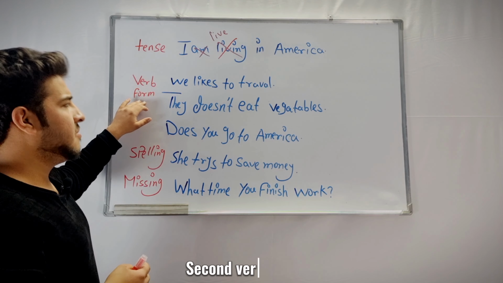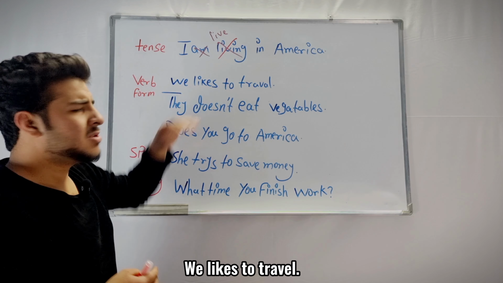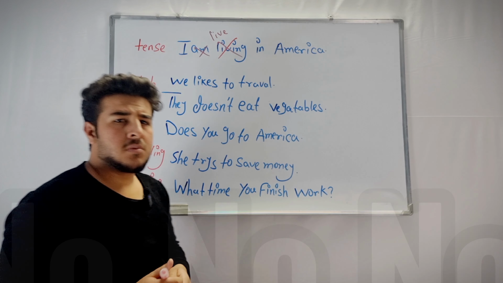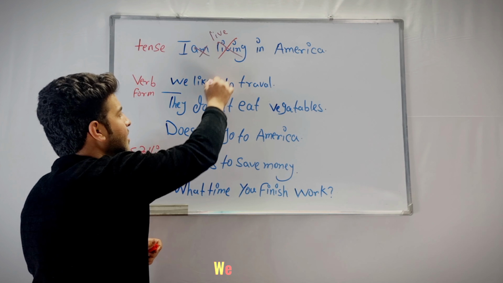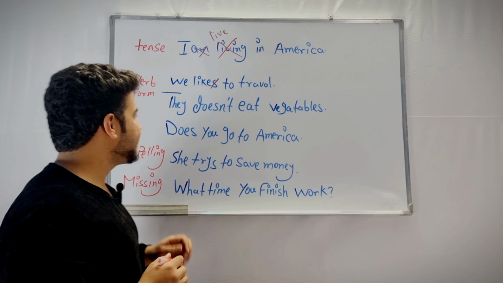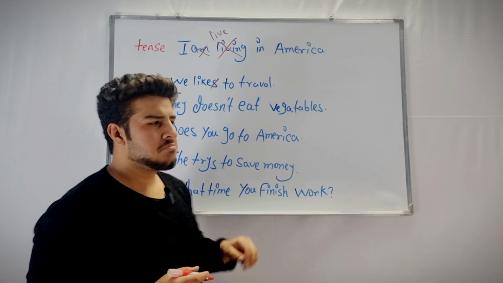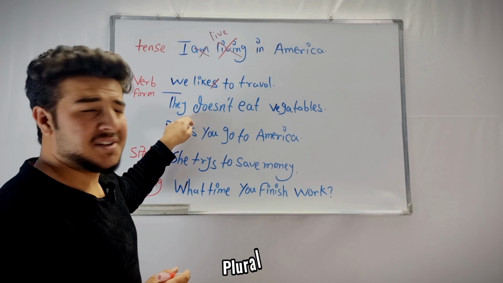Second, verb form. We likes to travel. No. We like to travel. They doesn't eat vegetables. Singular or plural? Plural.